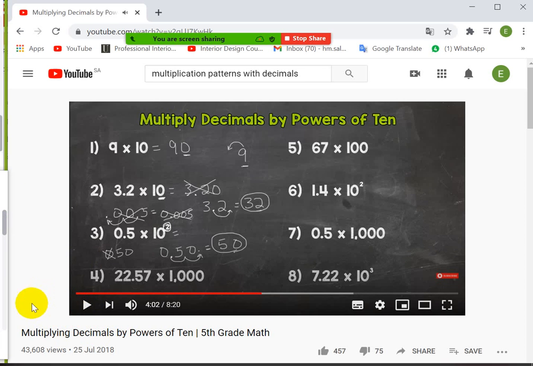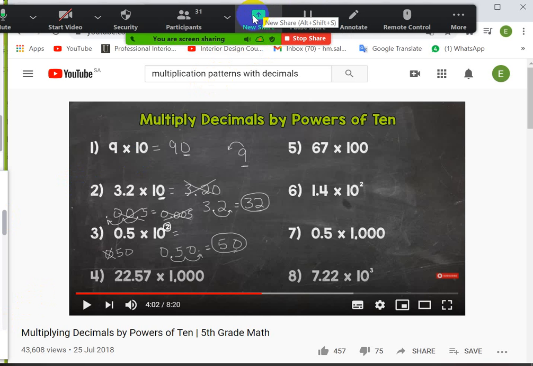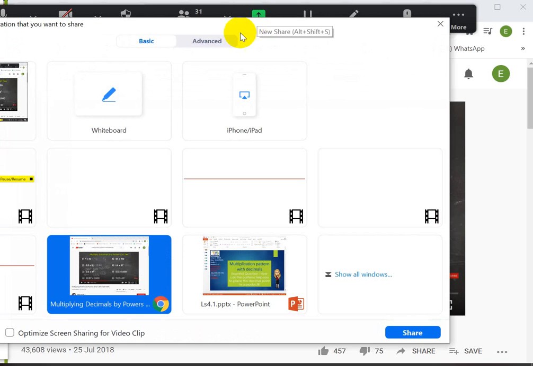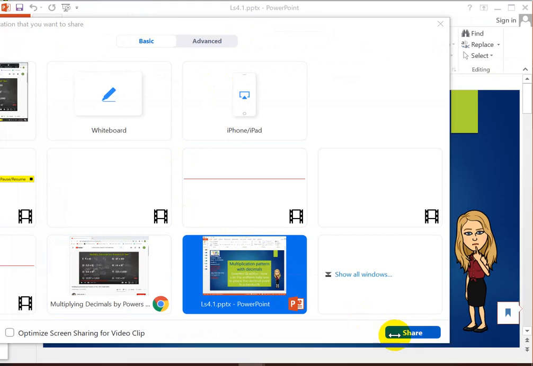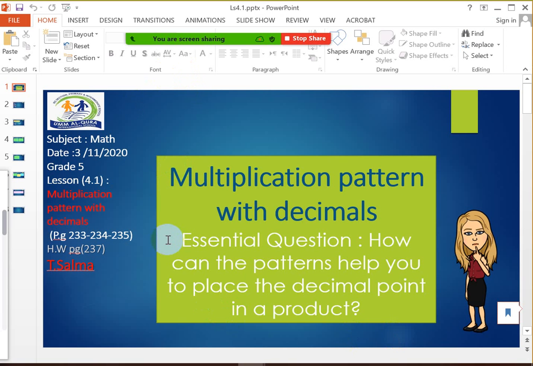Okay girls, so just to remember the idea of how to multiply decimals with powers of 10. You remember we talked about this idea when we started with decimals, right? So let's return now to our lesson, okay?